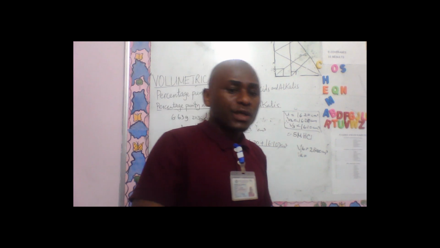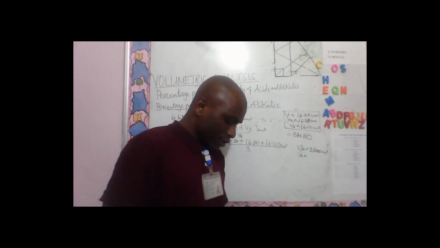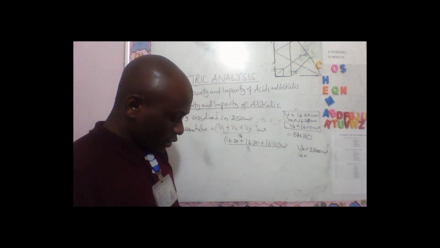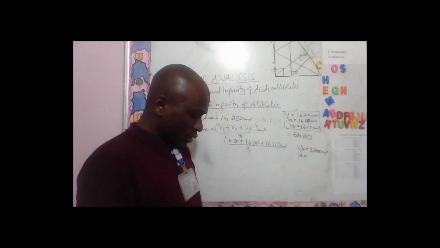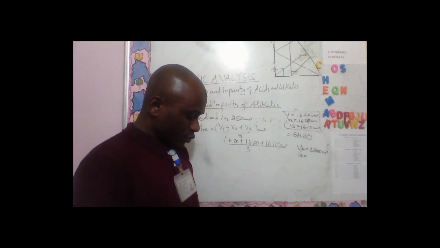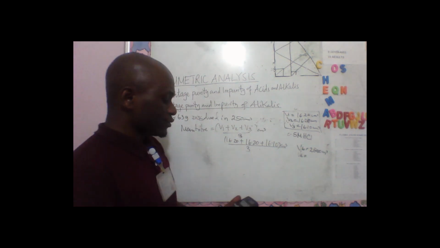To make the calculation simple, this is 16.2 plus 16.2 plus 16.1, which is equal to 48 over 3. 48 over 3 is equal to 16.1.